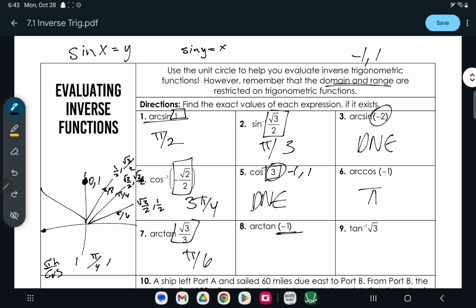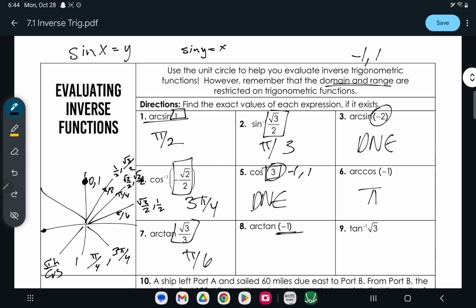Pi over 4 in the middle. 3 pi over 4, middle, and middle again. Trying to think domain here. Arctangent.